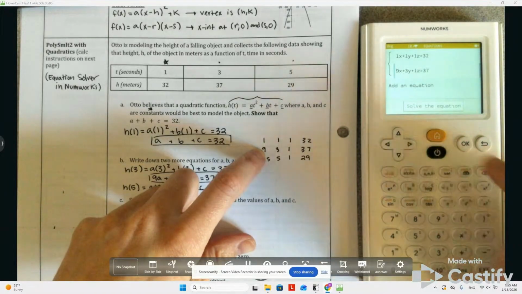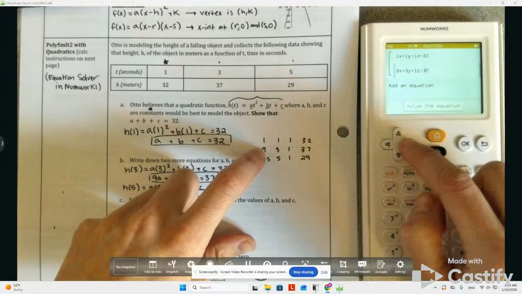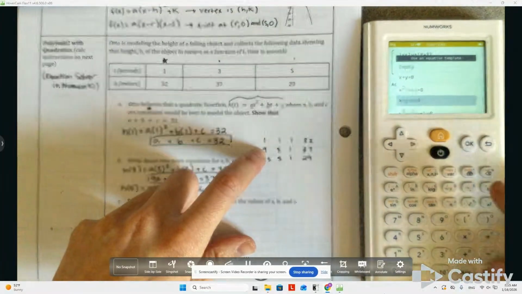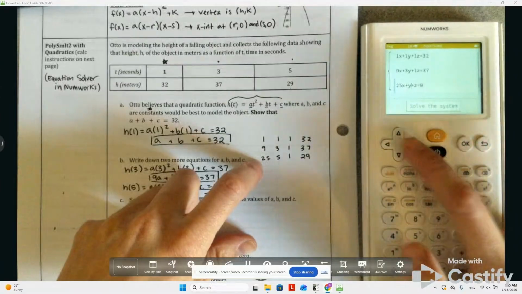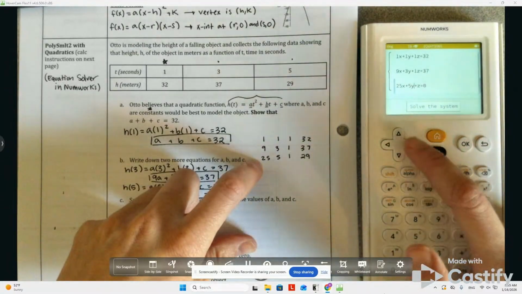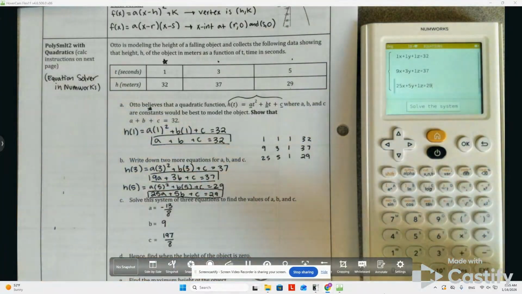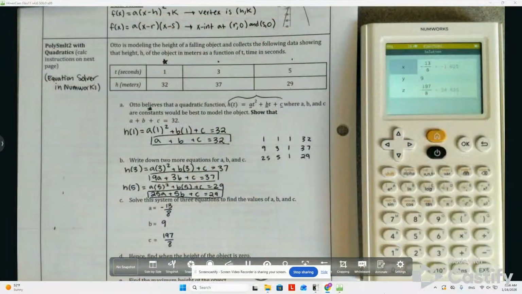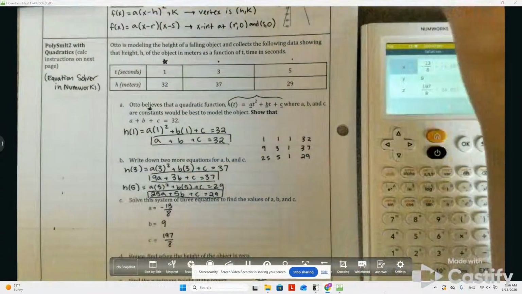Okay, that space made me nervous, but I think we'll be okay. And then one more equation. Use that template. 25, 5, 1 equals 29. And then I'll hit enter, solve the system, and it's again giving me the exact same values. So equation solver in Numworks, PolySmlt in all of these.